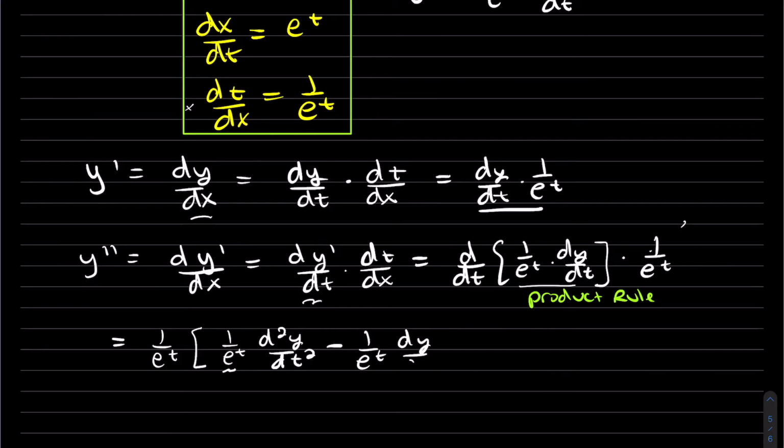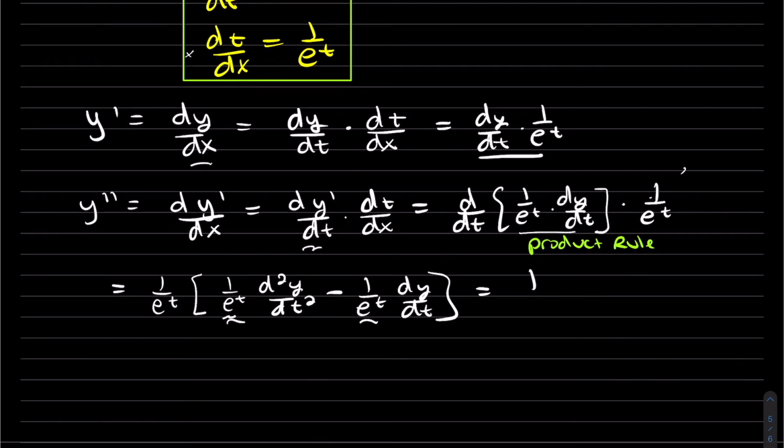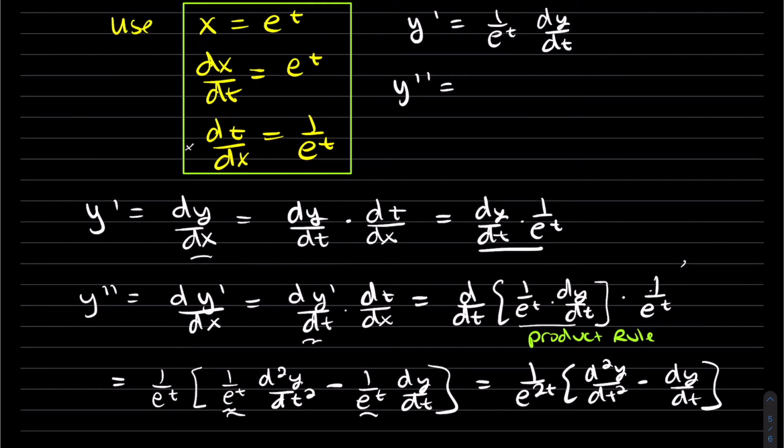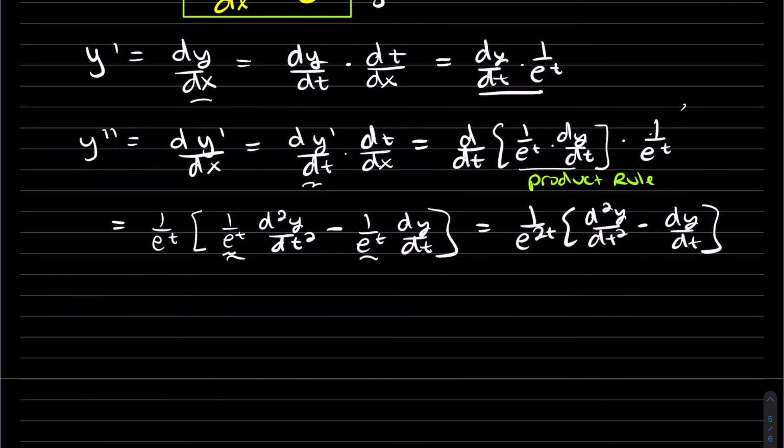Times I copy that. It's probably actually nicer to distribute those out. Okay, kind of see a pattern? I'm going to guess it's 1 over e to the 3t. Because we are going to have to find that now.